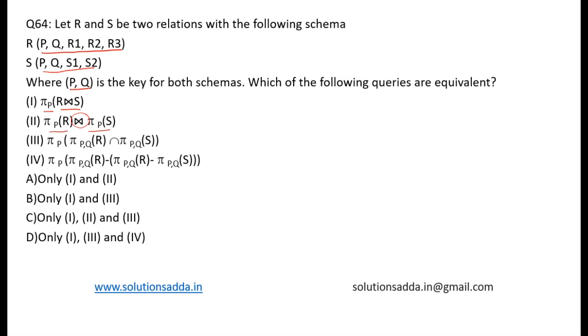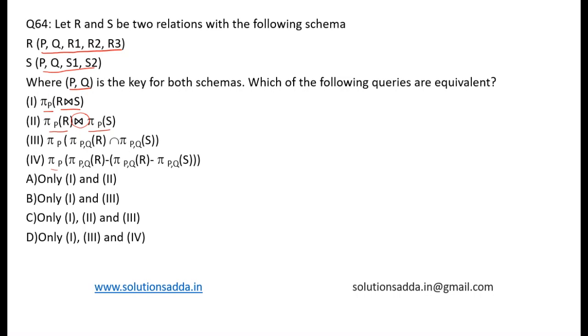The third one is the intersection of the projection of P and Q of R and S, then projection of P. The fourth is projection of P and Q from R minus S, minus projection of P and Q from R, followed by projection of P. So these are the four options and we are trying to find out which are equivalent.